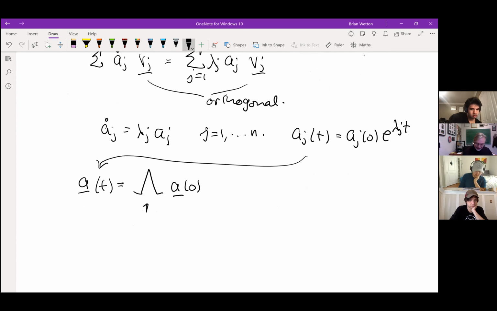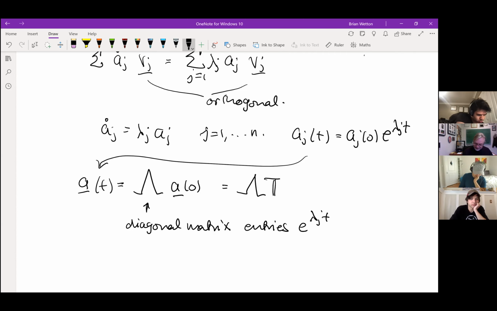This is the diagonal matrix, with entries e to the lambda j t. And this thing is the same thing as this T transpose times U0.